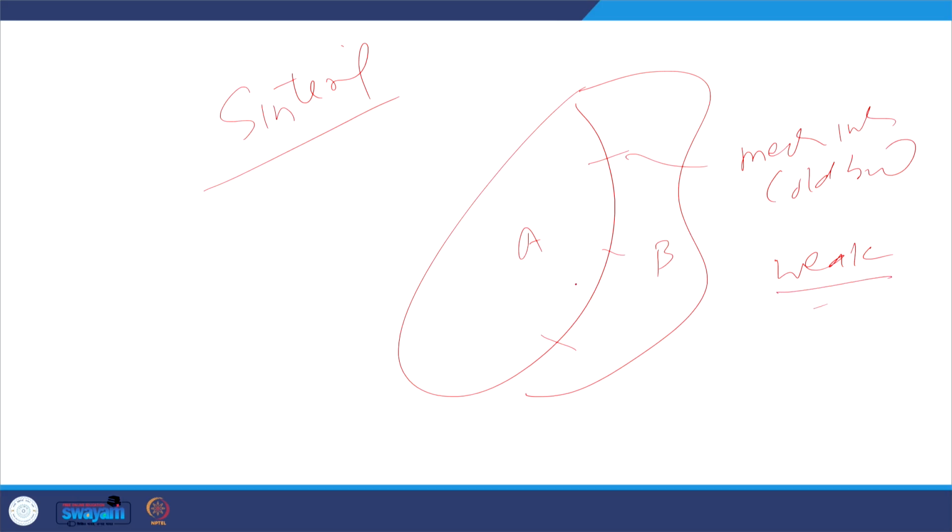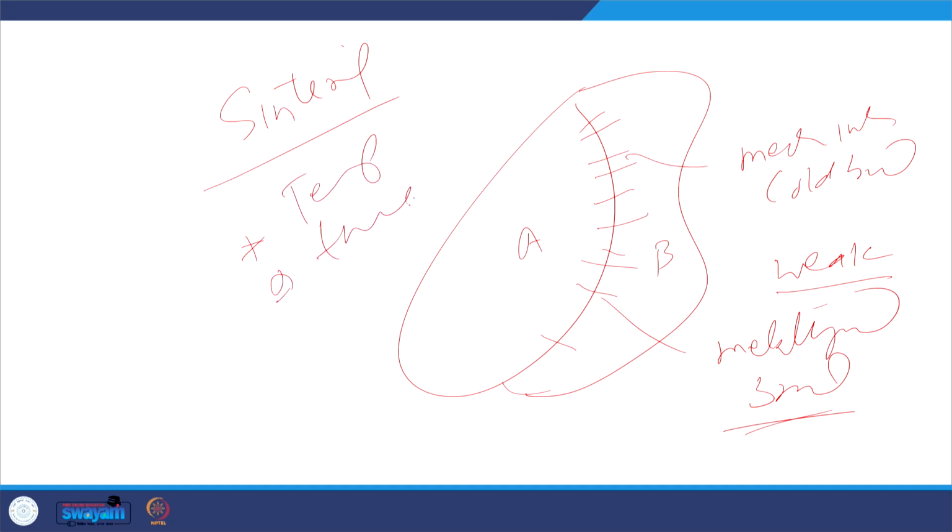What we want is that the metallurgical bond is established at the interface. To establish this metallurgical bond, diffusion across the constituents and across the interface between the powder particles must take place. To facilitate that, there are two important aspects: one is the temperature and another is the time.